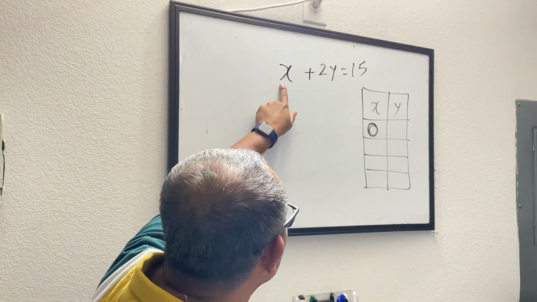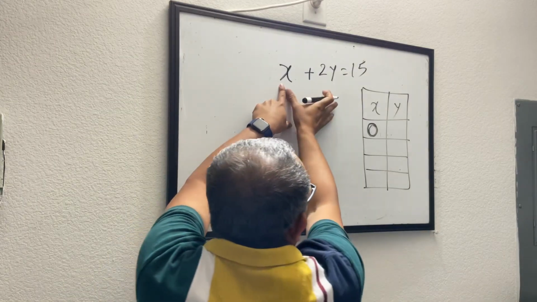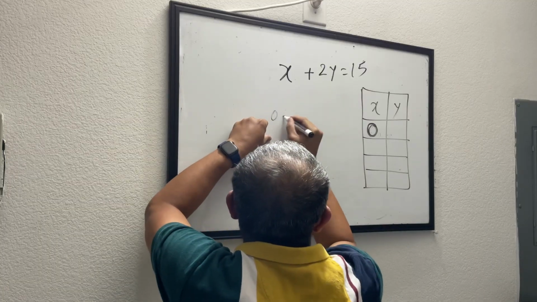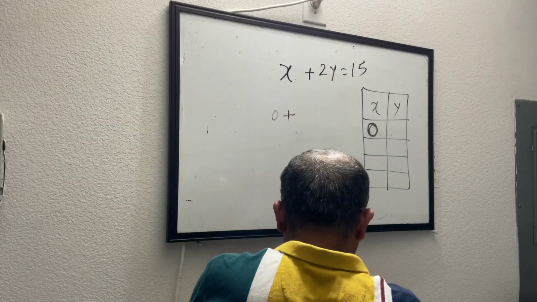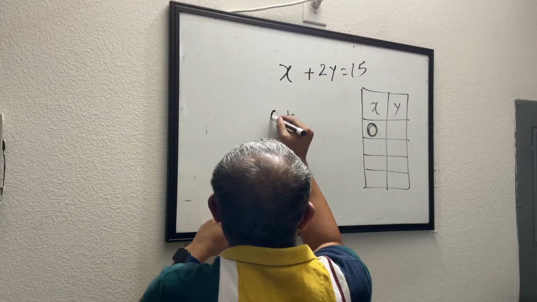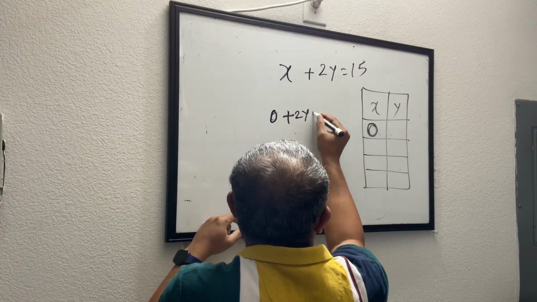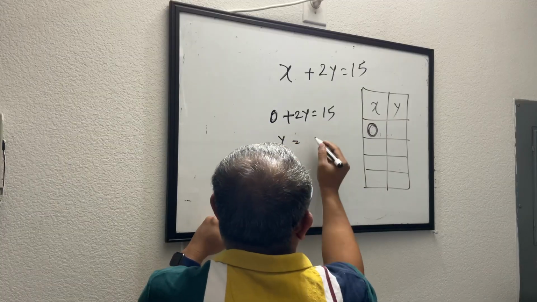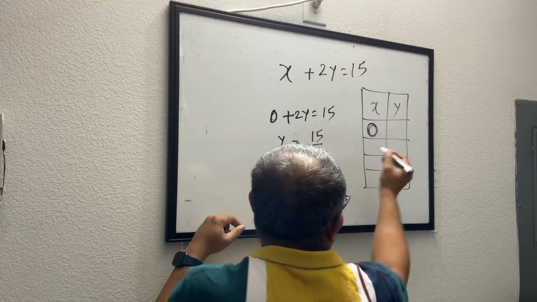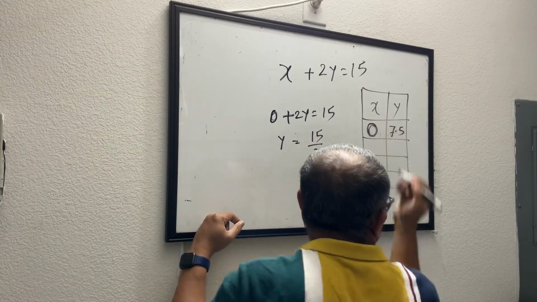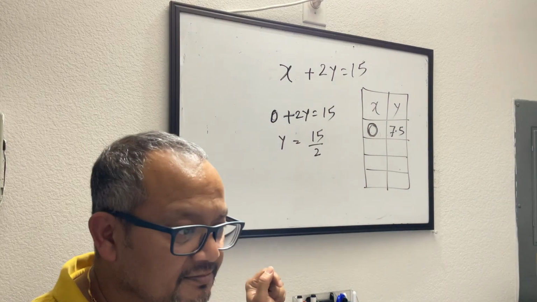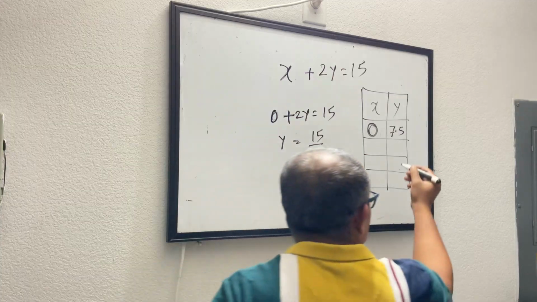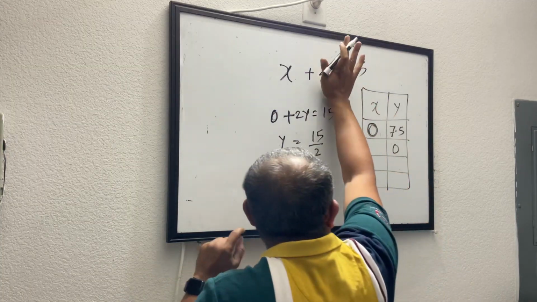When x is 0, the deal is still intact. 0 plus 2y equals 15. That means y equals 15 over 2, that is 7.5. Now y is taking revenge. Y says this time I'm 0. You find out your ways.